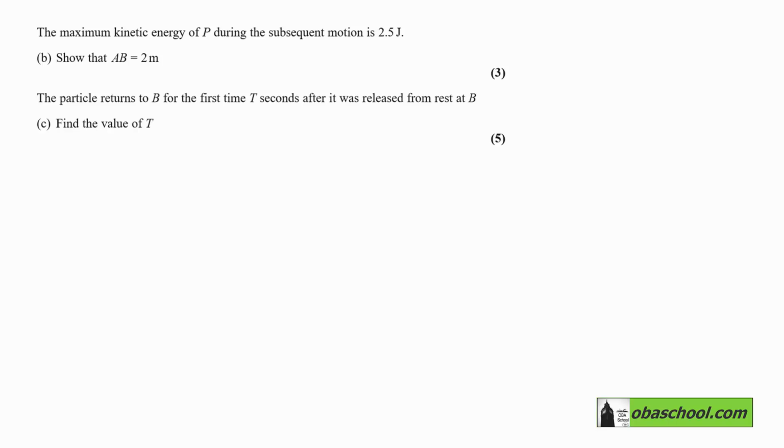The maximum kinetic energy of P during the subsequent motion is 2.5 joules. Show that AB is 2 meters. Now, I can't find it on the formula booklet, but once we know we've got SHM, there is a formula: v squared equals k squared, a squared minus x squared.